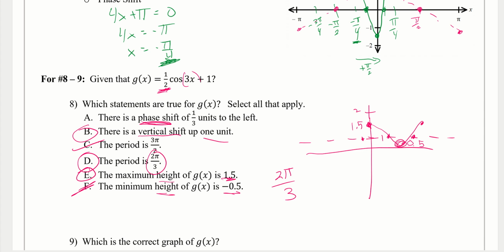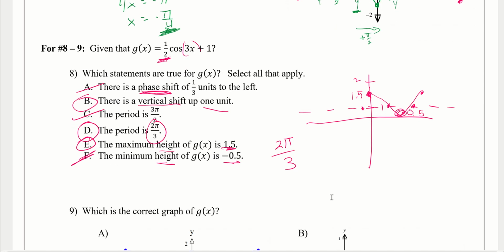But I don't have parentheses there, right? And so I don't have a phase shift. So that one would be wrong. Cool. So as you could tell here, I started going through here, did the amplitude, and I would have initially guessed F, but I'm like, oh, 1.5 looks weird. So I had to do a rough sketch for it to make sense to me.